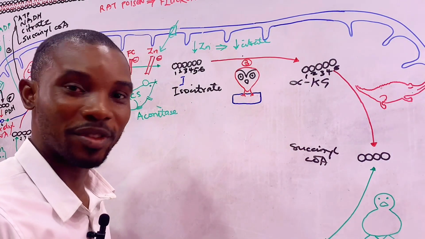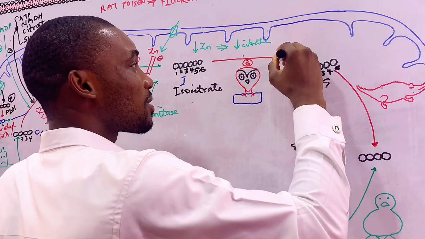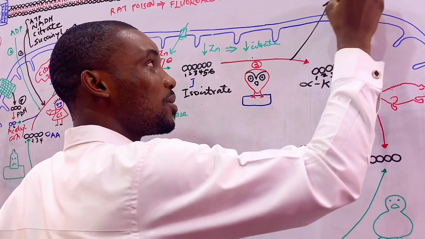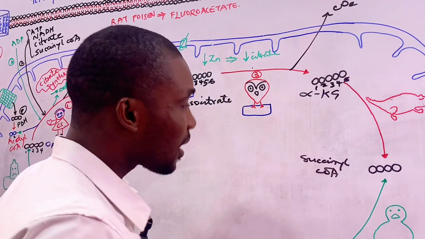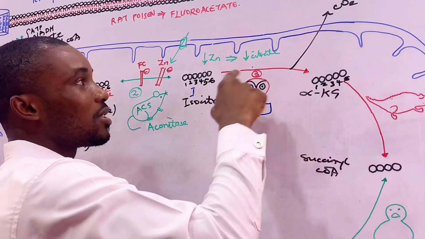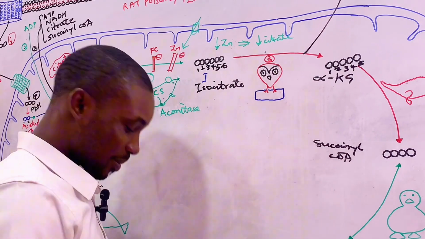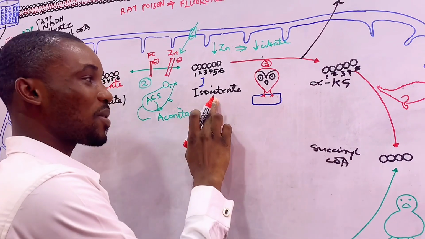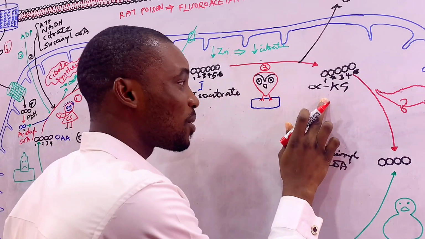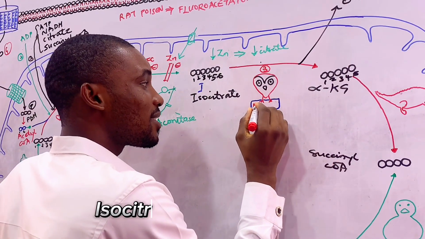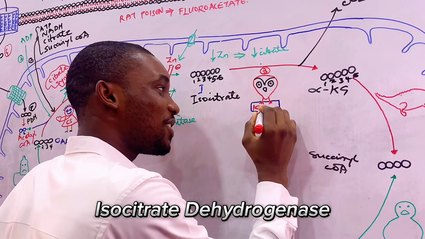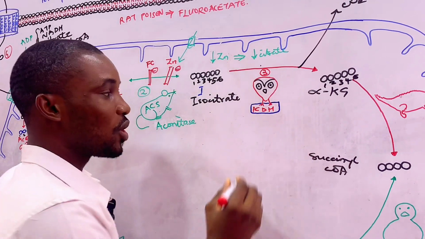Whoa, we've lost a carbon. How do we lose carbon? As CO2. All right. So a carbon atom is lost as CO2. Right. This reaction is catalyzed by which enzyme? Can you guess? Remember, this was isocitrate. This is alpha ketoglutarate. Isocitrate dehydrogenase.